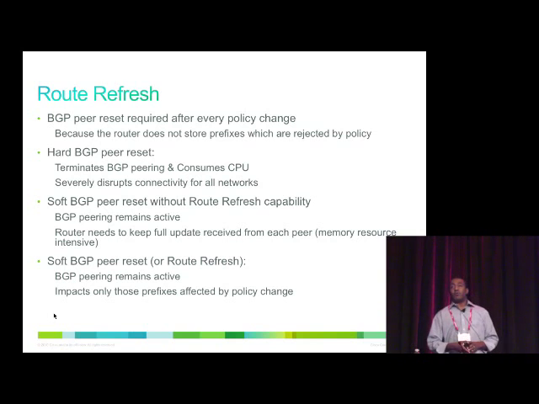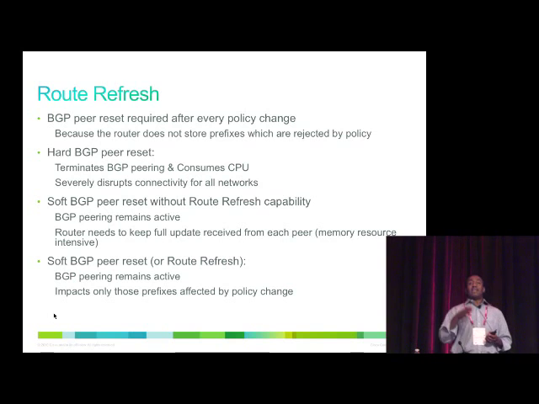Once you apply that policy, for one reason or another, at some point you want to change that policy. When you change that policy, remember that BGP is incremental, which means it only advertises any new changes. So the ones that you received last time, if you rejected them, are not in your routing table.